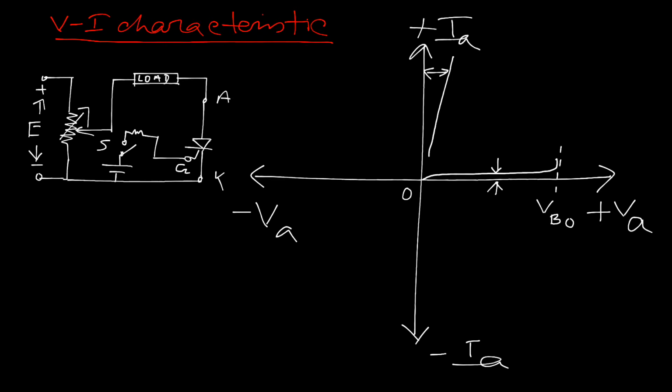Unless that happens it can never be off, because off means that every junction should be recovered, or some blocking state must be restored across the device. That is why the switch can be turned off only by reducing the anode current below a particular current, which is called the holding current.